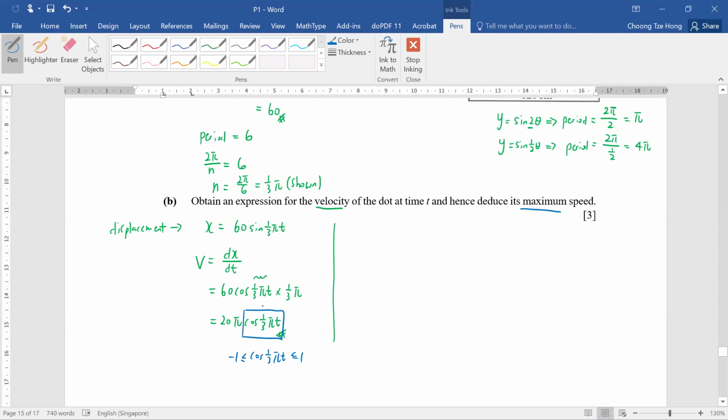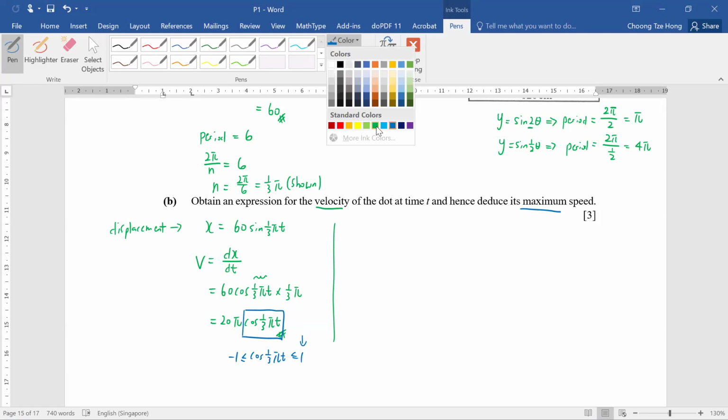So always examine the trigo function and recall that if it's a sine or cosine function, it will only exist within the range -1 to 1. If I want the maximum speed, I take the maximum value for cosine 1/3 pi t, which is 1. So 1 times 20 pi will give me the maximum speed. Let's write that down.